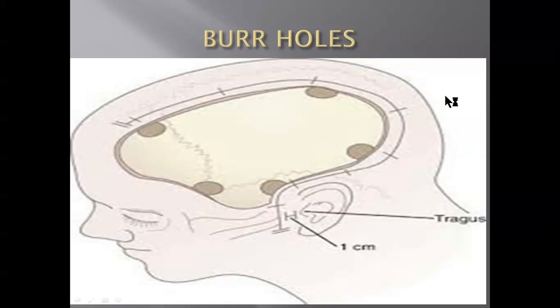Your skin flap was this much, whereas your bony flap would be shown by this one. With the help of a craniotome, you take out this bony flap and substitute it with burr holes here, here, here. This is how you perform your hemicraniectomy.